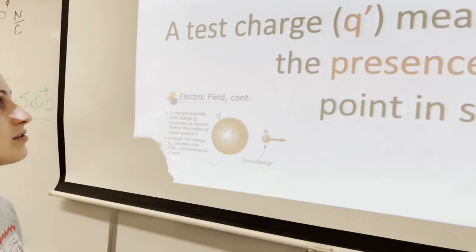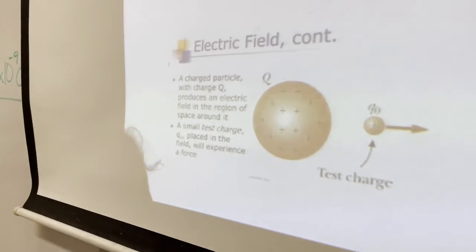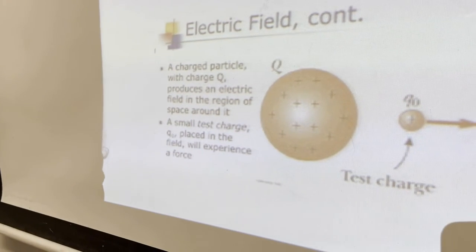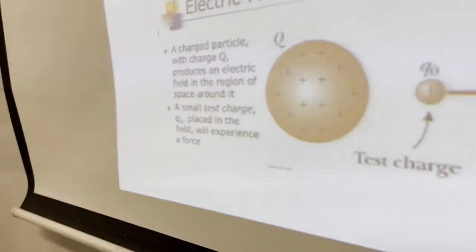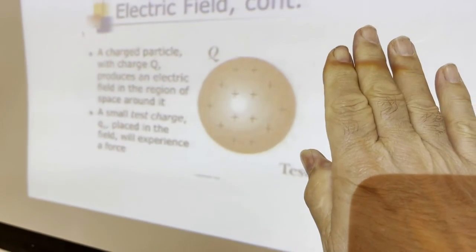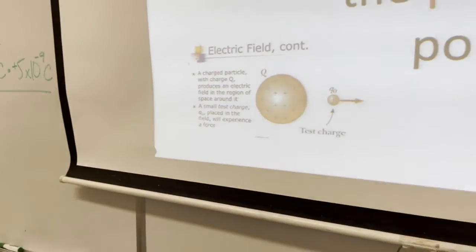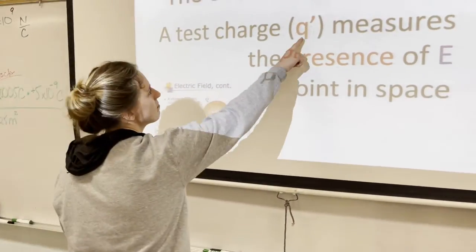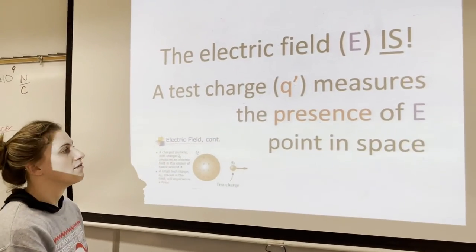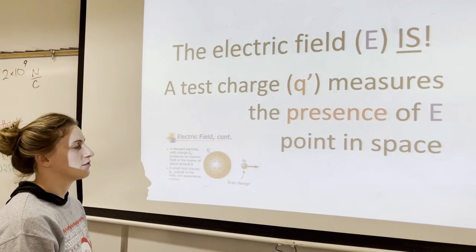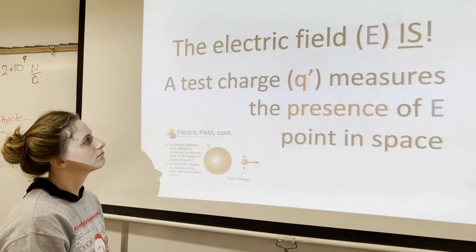The test charge just allows us to see it. Here you've got a positively charged thing, and even if you don't have a test charge there, there's an electric field around it. A test charge, Q prime, measures the presence of the electric field at a point in space. It just measures it.